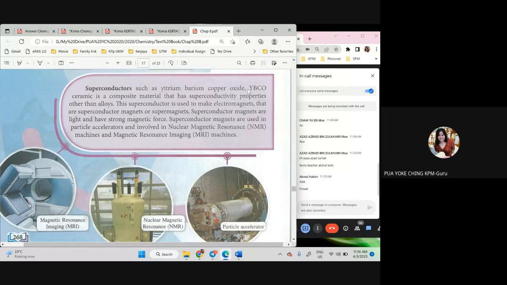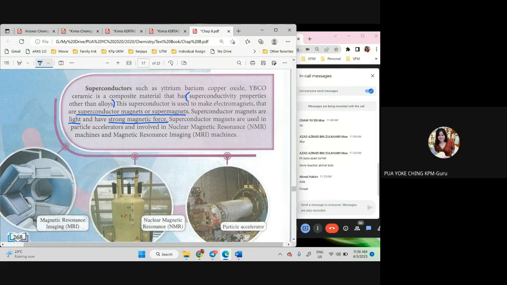So ini ialah satu part ciri-ciri dia lah. And then dia boleh dijadikan sebagai superconductor magnet atau supermagnet yang ringan dan strong magnetic force.